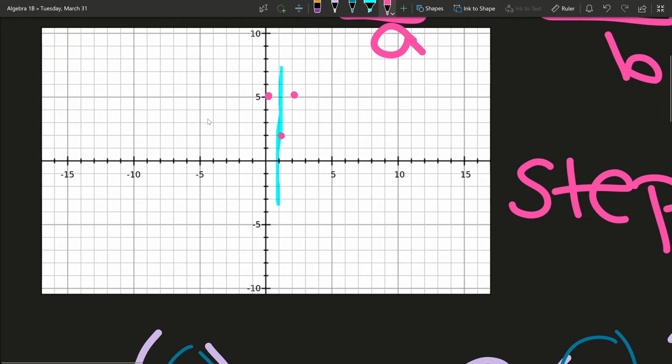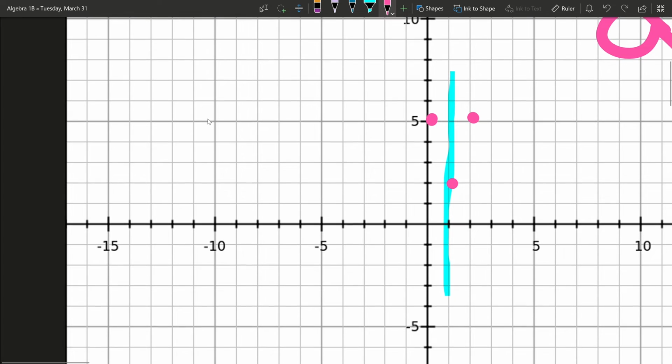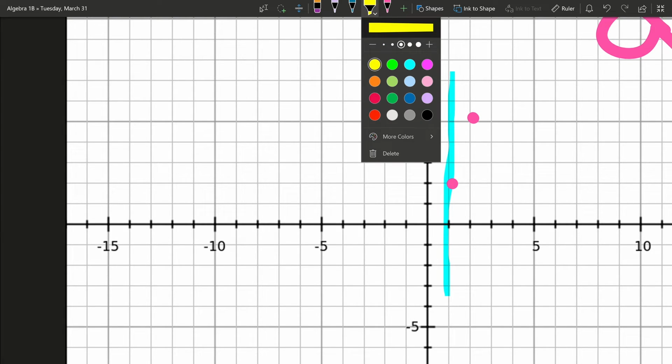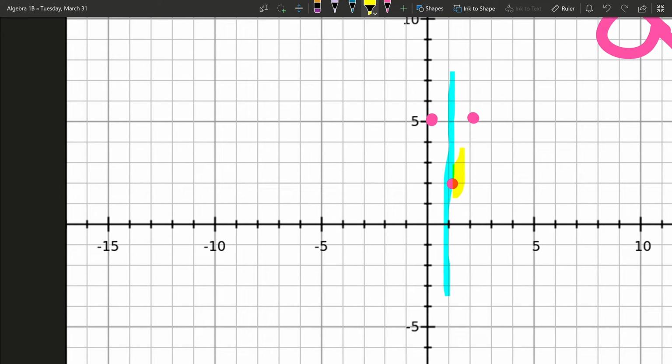So now we're able to create our graph. Let's use a different color actually. Here's a rough sketch of what it would look like.